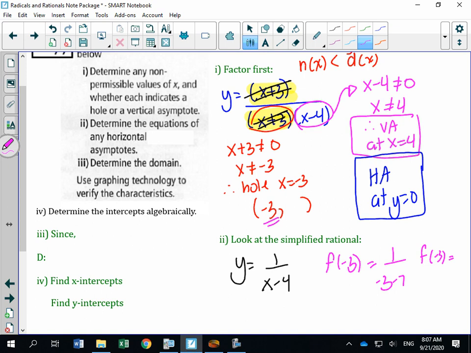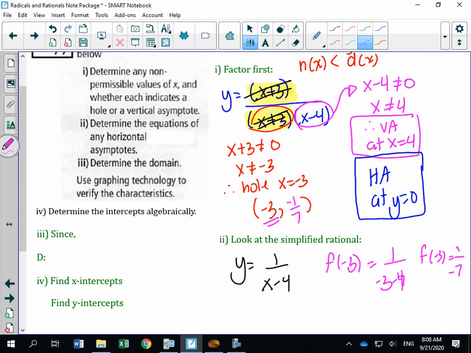Sorry, I'm just looking at this, this should be a 4. I was like, where's my mistake? Okay, so negative 3 minus 4 is 1 over negative 7. So my hole is at x is negative 3 and y is negative 1 over 7.